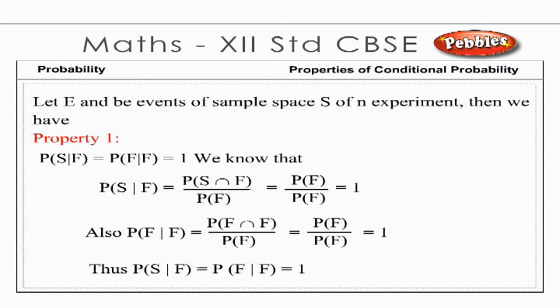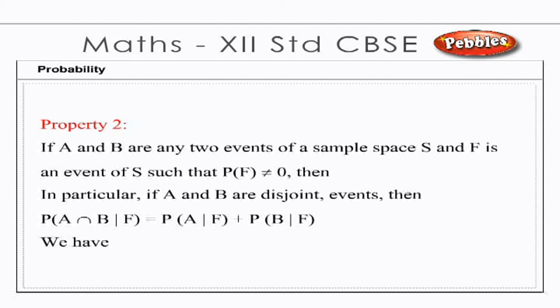Also, P(F|F) is equal to P(F intersection F) by P(F) is equal to P(F) by P(F) is equal to 1. Thus, P(S|F) is equal to P(F|F) is equal to 1. Property 2.